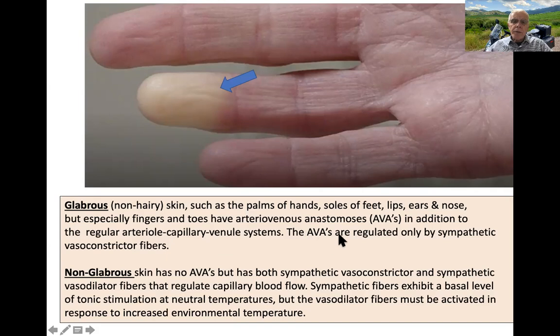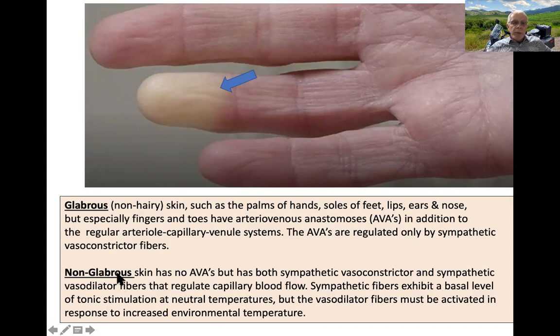The arteriovenous anastomoses are regulated only by sympathetic vasoconstrictor fibers. Now, I point that out to you because some of the other systems are regulated by local metabolites. Hormones figure into this. But the anastomoses appear to be only regulated by the sympathetic nervous system.